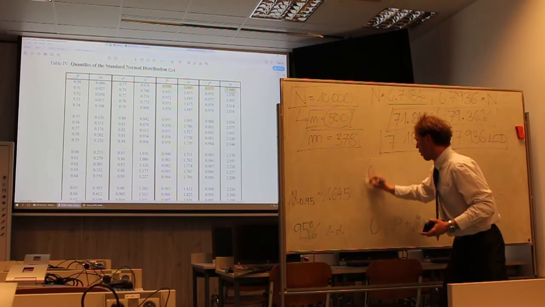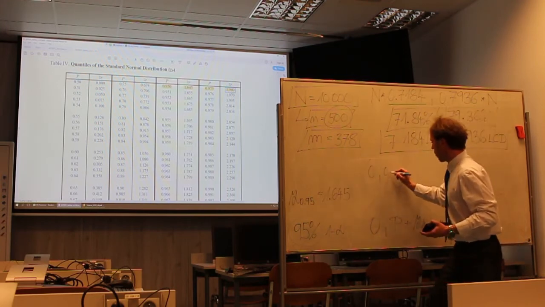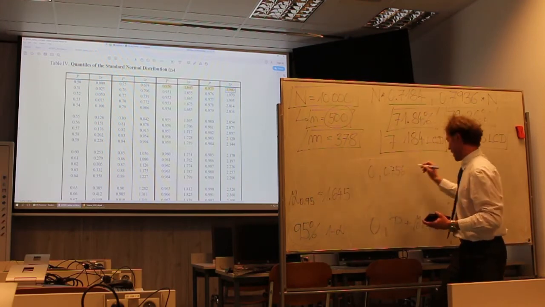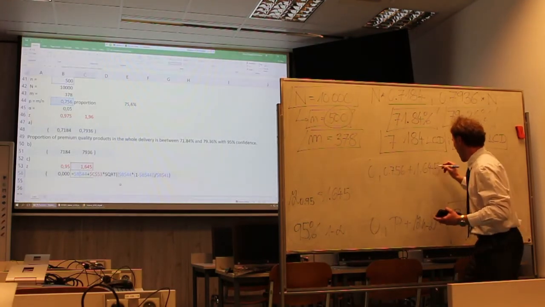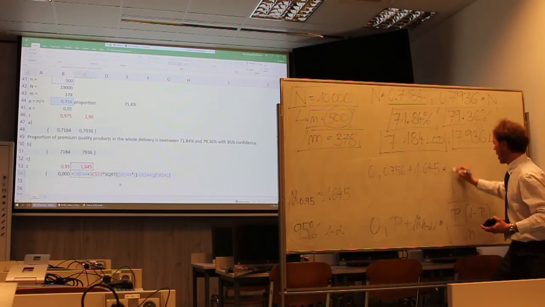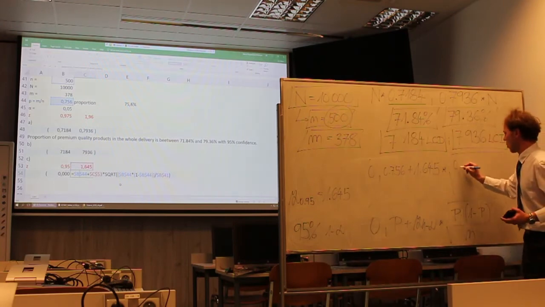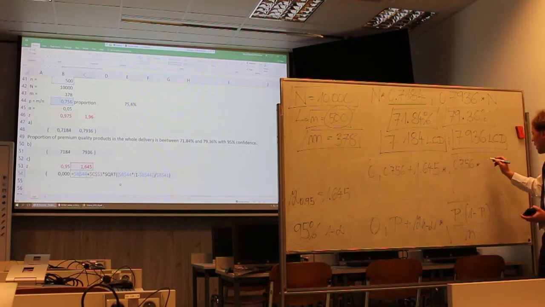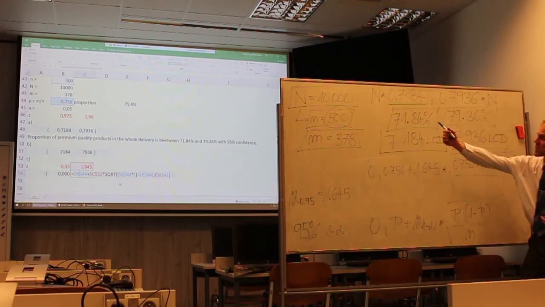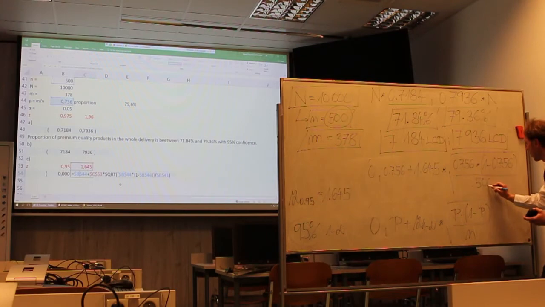So left side is 0 and right side 0.756 plus 1.645 times square root, there is 0.756 times 1 minus 0.756, and this is divided by n, our sample size, 500 opened boxes, yes, with displays.